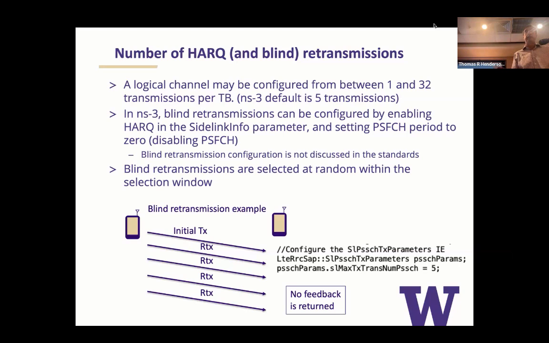So basically it's saying there's kind of like HARQ with no feedback, blind retransmissions. And the blind retransmissions are selected at random. So as an example that I showed from Samantha's example earlier, it basically grabbed 5 resources, sent the initial transmission, and then grabbed 4 other slots and subchannels at random and sent retransmissions in there. But no feedback is returned.